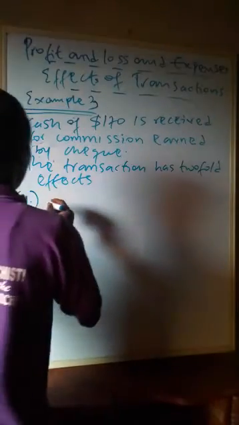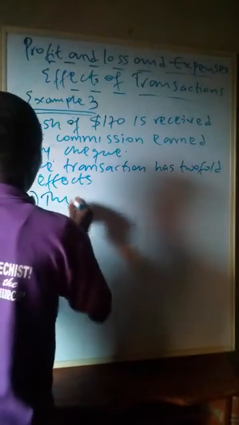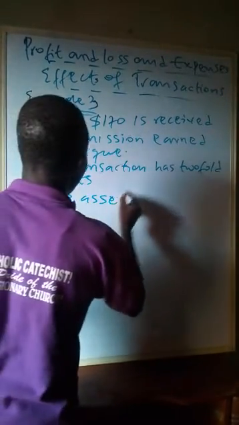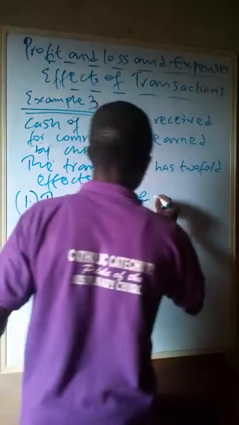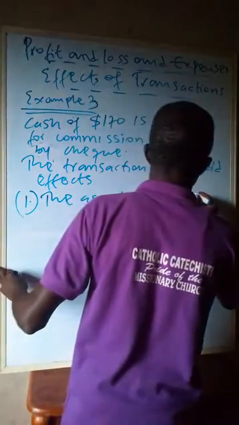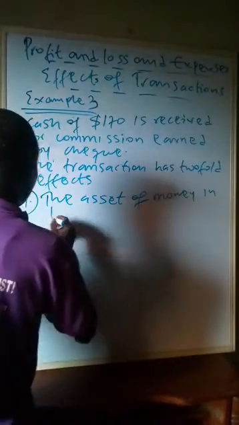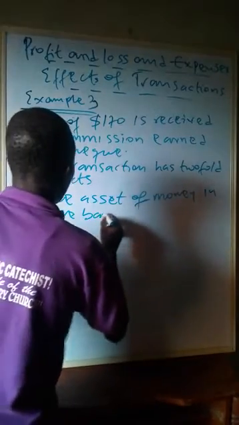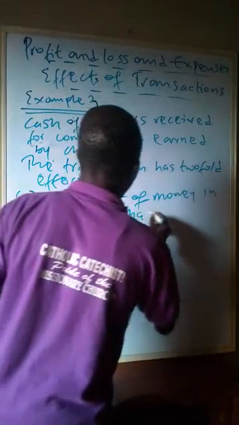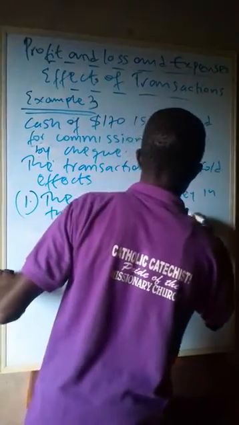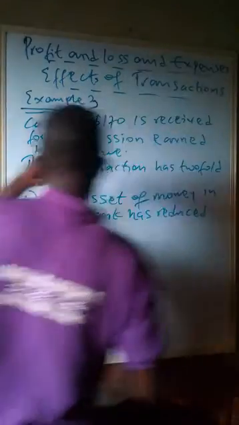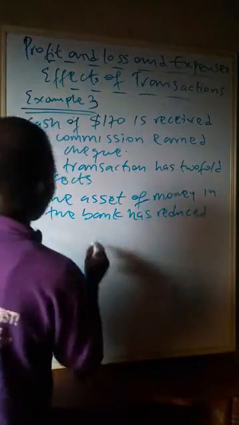The effect is that the asset of money in the bank has increased. And what is the accounting entry for that?